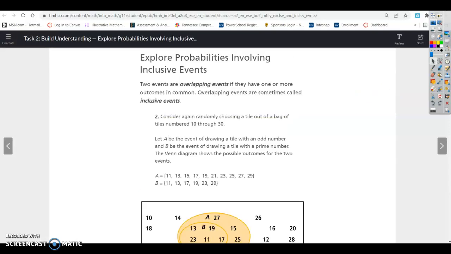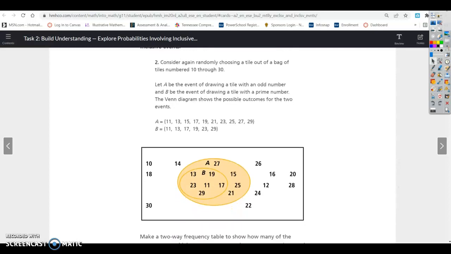Lesson 17.3, Task 2. Explore probabilities involving inclusive events. Two events are overlapping events if they have one or more outcomes in common. Overlapping events are sometimes called inclusive events. Consider again randomly choosing a tile out of a bag of tiles numbered 10 through 30.